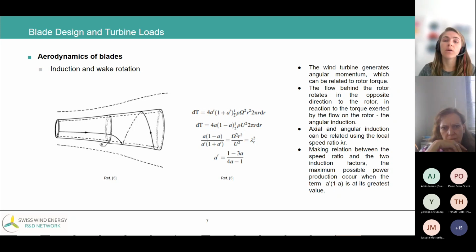We can correlate these two using the local speed ratio, which is basically the rotational speed and the wind speed, and the relation between them is at the second power. Then, making some maps, we can maximize and get the best angular induction for the axial induction that gives us the best power coefficient.